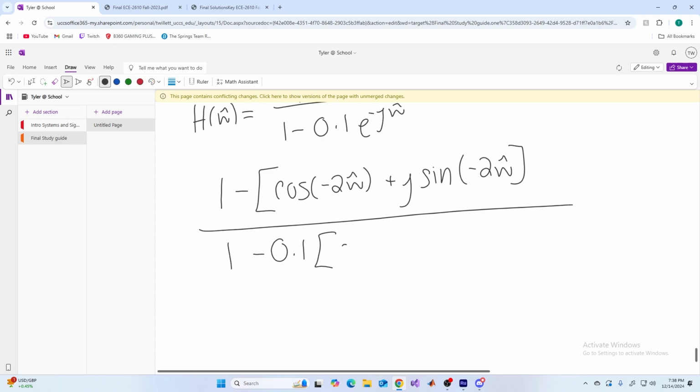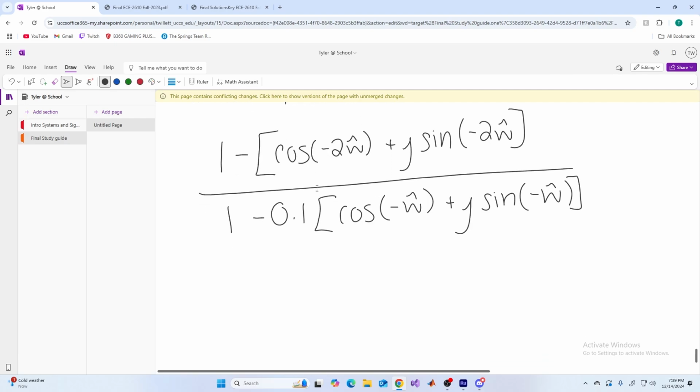0.1 times the cosine of negative w hat plus j sine of negative w hat. Now what I can do is combine like things.